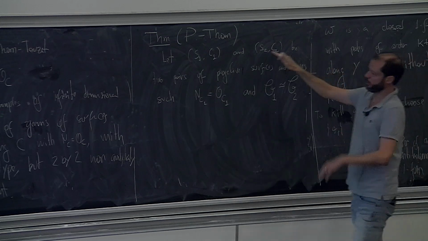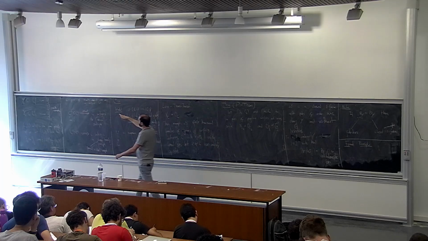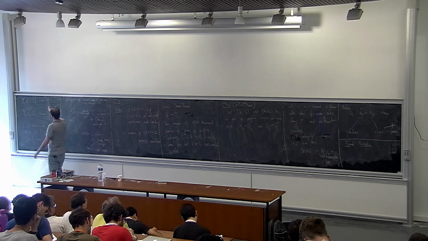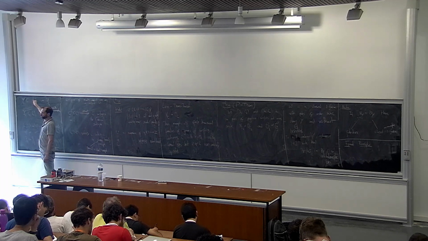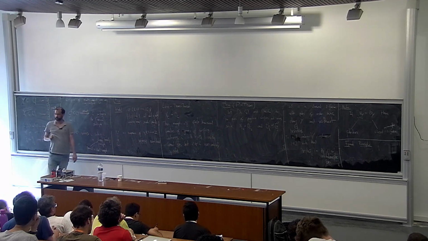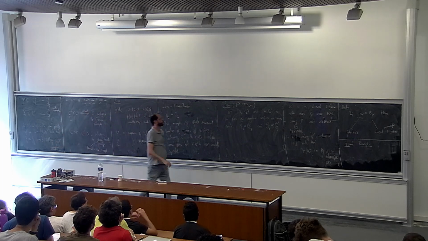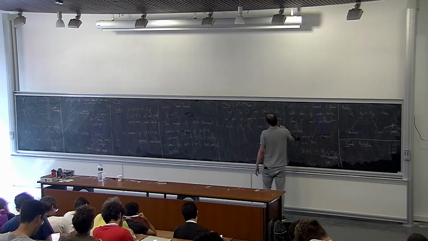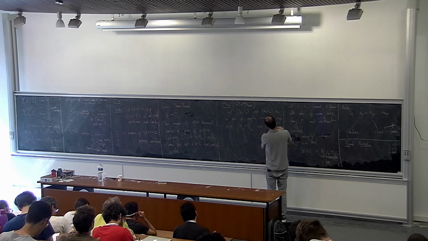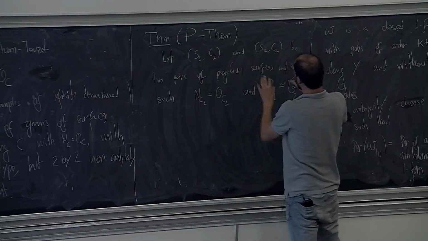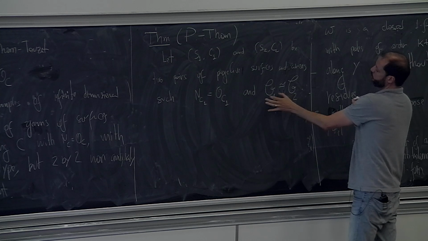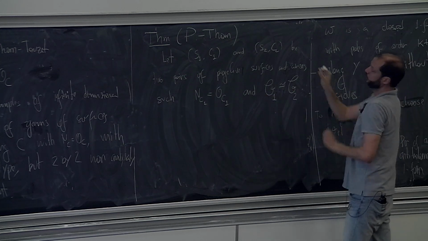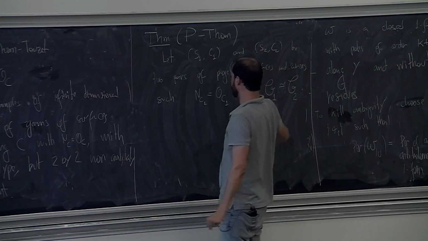So instead of taking these local things, I'm now assuming that these curves are contained in projective surfaces. We are in the global setup. And so I'm assuming that this global data is formally isomorphic on the formal neighborhood of C1 and C2.